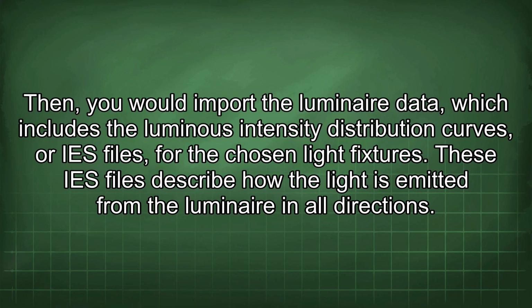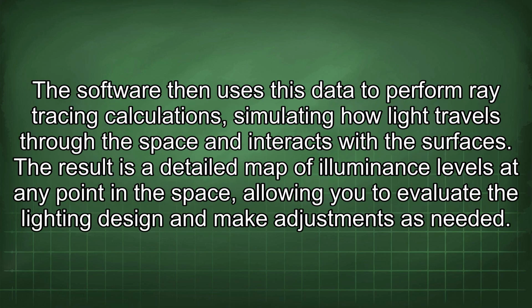These IES files describe how the light is emitted from the luminaire in all directions. The software then uses this data to perform ray tracing calculations, simulating how light travels through the space and interacts with the surfaces. The result is a detailed map of illuminance levels at any point in the space, allowing you to evaluate the lighting design and make adjustments as needed.